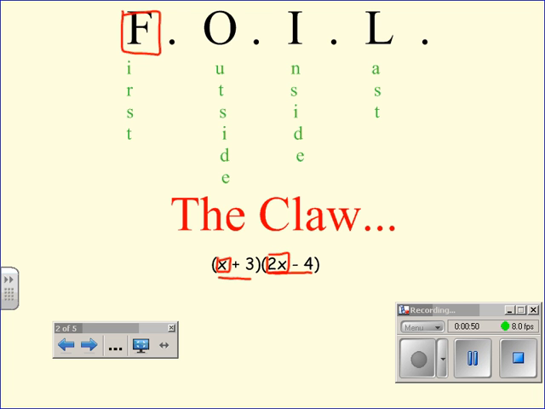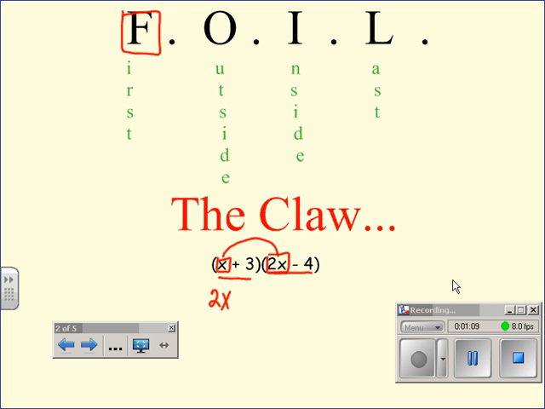So the F of the FOIL method tells us our first step is to multiply those two numbers together. So x times 2x is going to be the same as 2x squared. We get x squared because x times x is x squared.